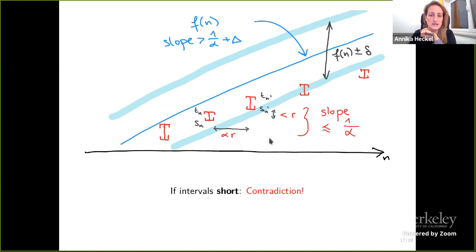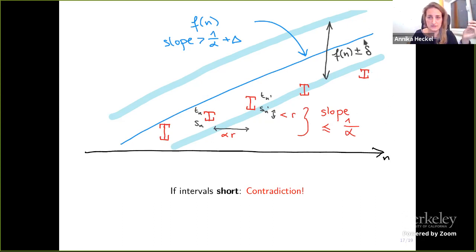Now, if all the intervals were very, very short, this would lead to a contradiction very soon. If you go from one interval to the next, and the interval itself is always very short, and the slope is less than 1 over alpha, then quite soon you would get out of the range that we know the chromatic number has to be in.